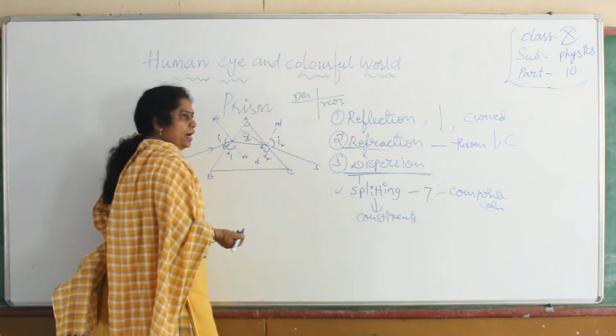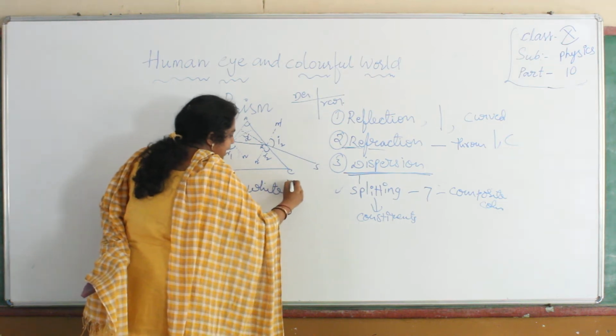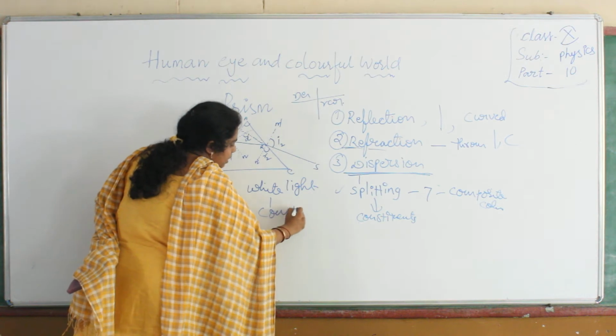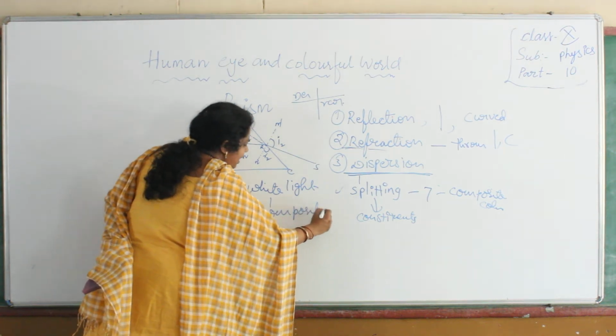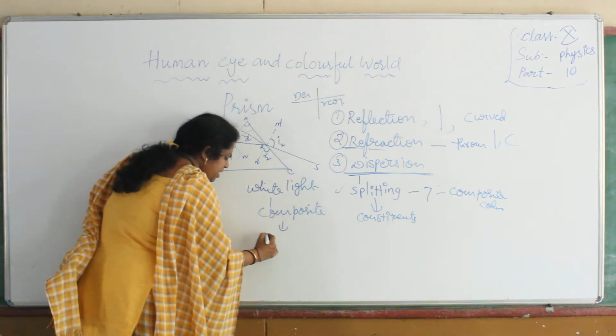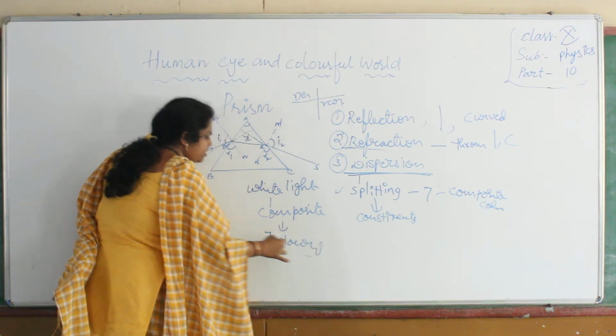I am telling you that white light is a composite light. White light is a composite color. That means it is a combination of 7 colors. I will discuss the colors and everything now.